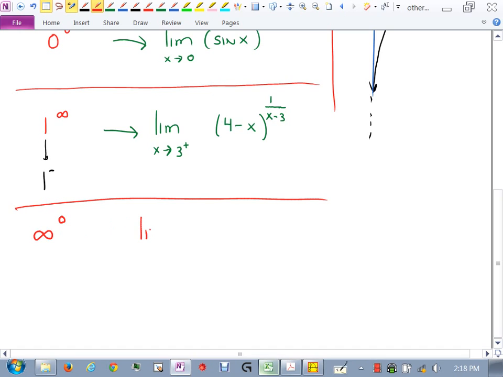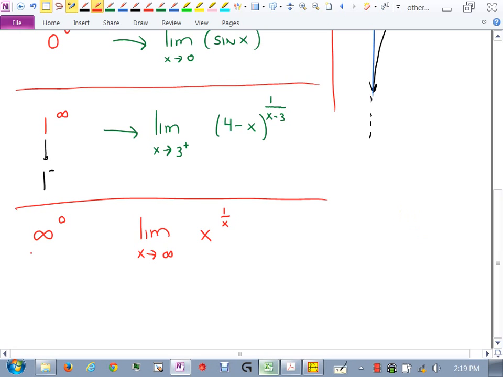Example of this, limit x goes to, let me go to infinity to make this easy, x to the 1 over x. That's a clean one. The base wants to get big. 1 over infinity goes to 0. So you get infinity raised to the 0. Can anyone think of a different indeterminate form?